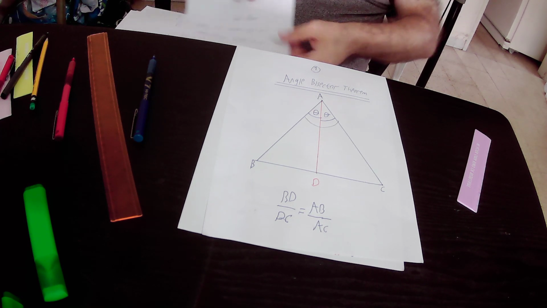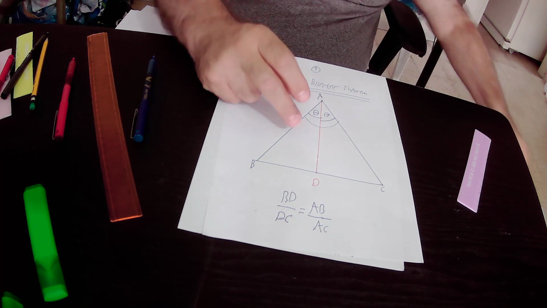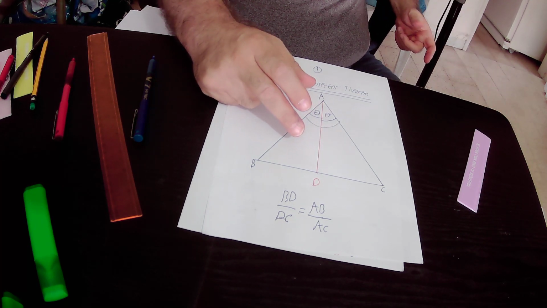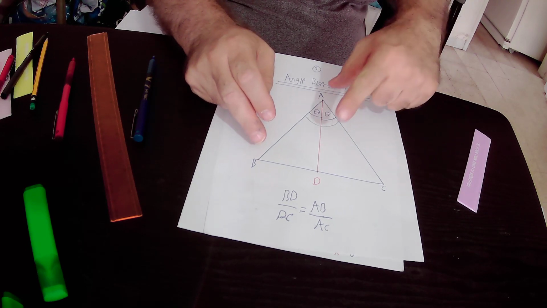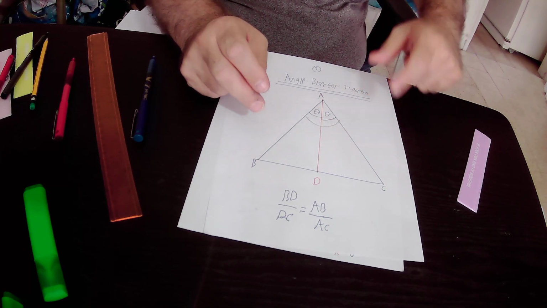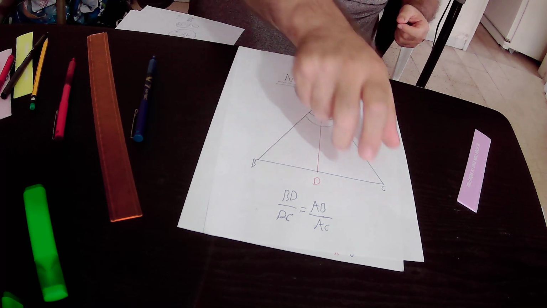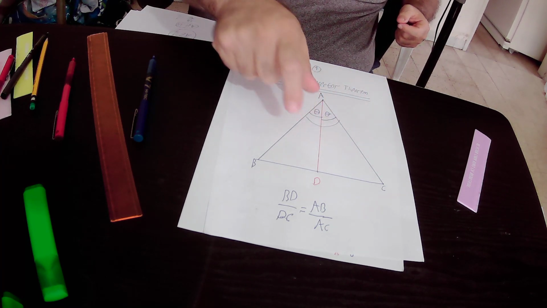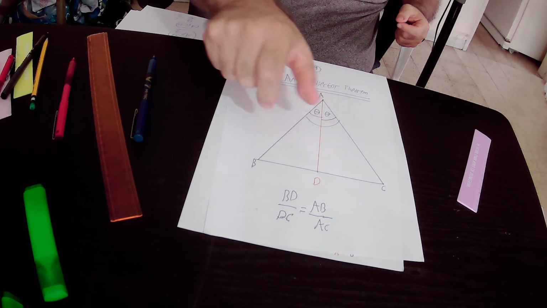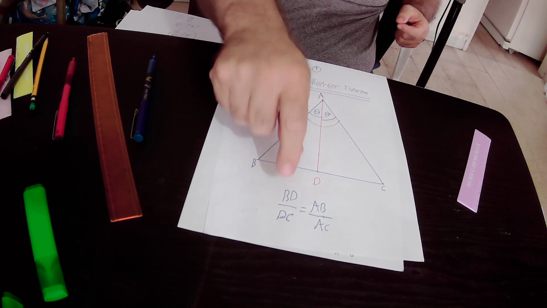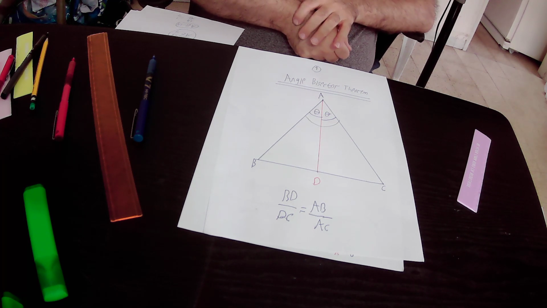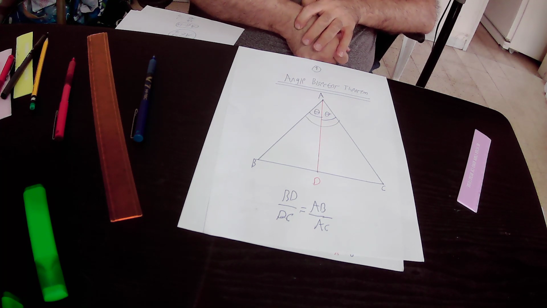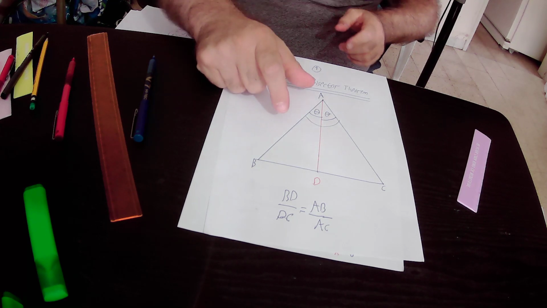So according to the angle bisector theorem, the angle bisector AD hits side BC, and it divides side BC in a ratio of BD over DC. That ratio equals the ratio between the angle legs.